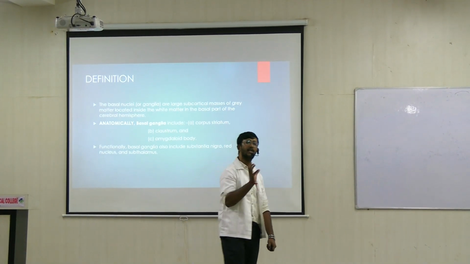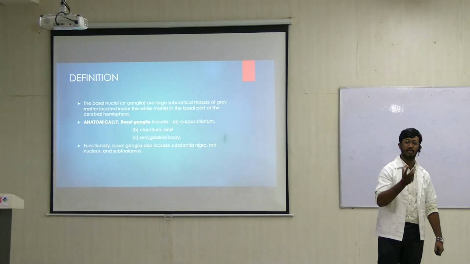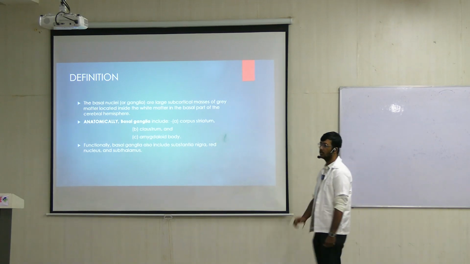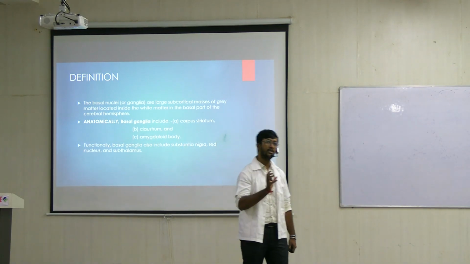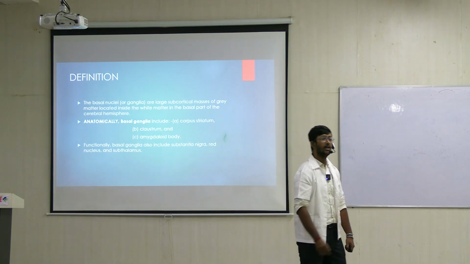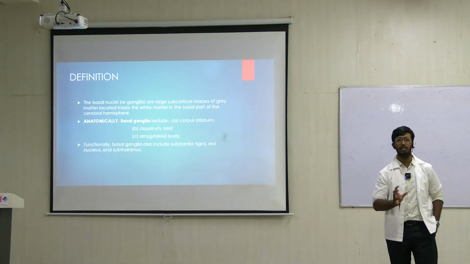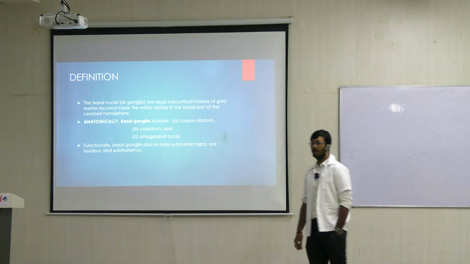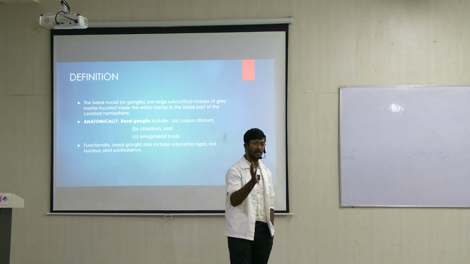The color is gray because it has cell bodies, and the color is white because of fat deposition. Fat is usually whitish in color. Now how does fat come in the brain? It comes through the myelin sheath, which is white in color. So this is the basic difference between gray matter and white matter.